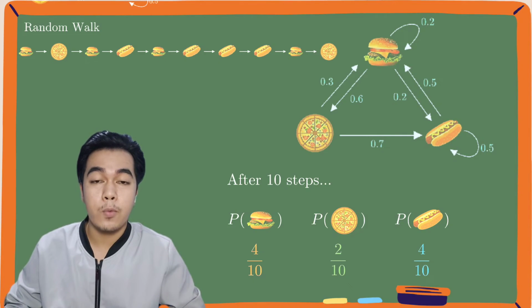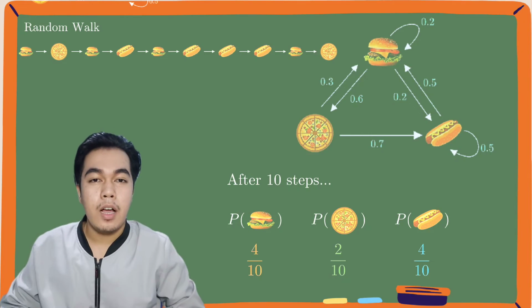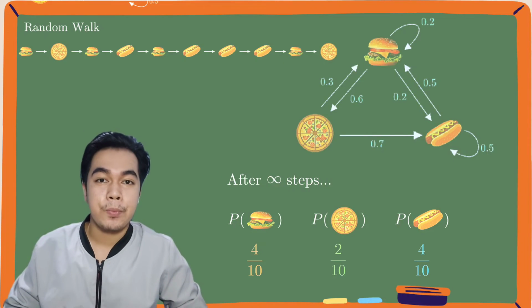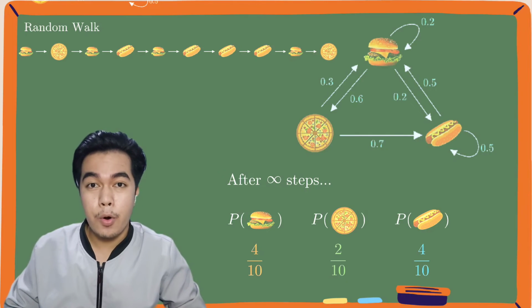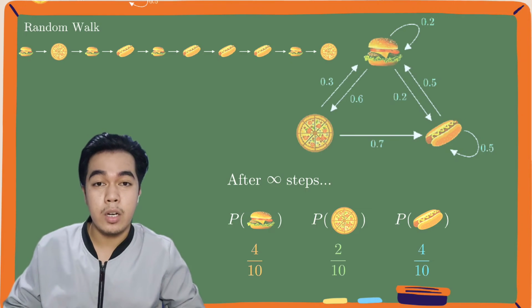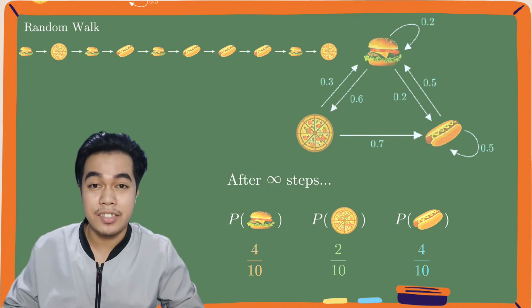It's obvious that if we change the number of steps, then these probabilities will vary. But we are interested in what happens in the long run. Do these probabilities converge to fixed values, or do they continue to change forever? So I wrote a Python script to simulate the random walk for 100,000 steps.